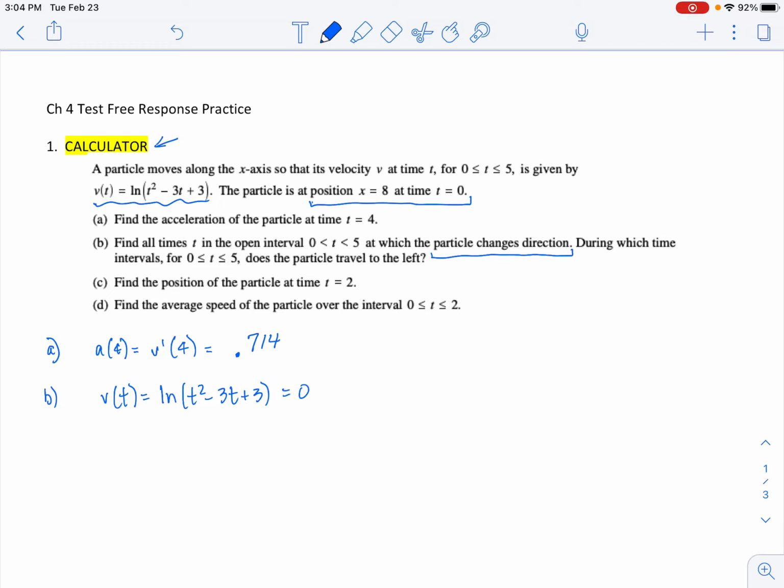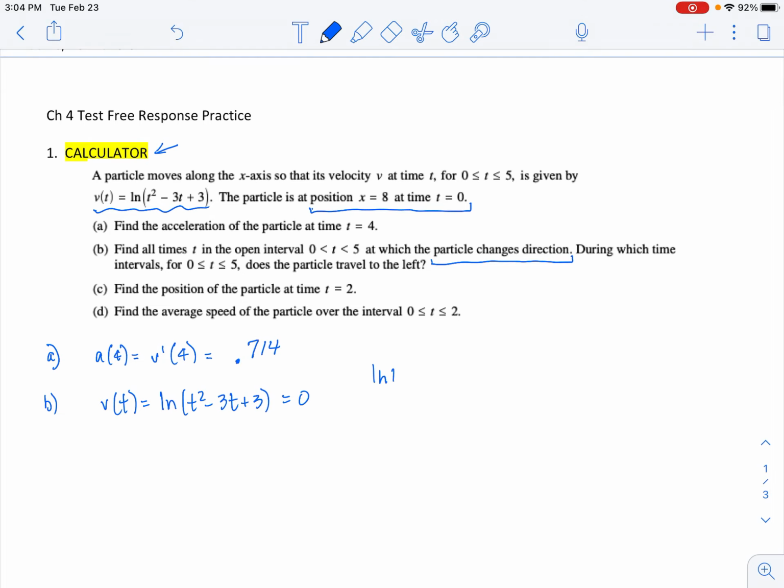So we're going to take this velocity function and set it equal to 0. Now, the only time an ln function is equal to 0 is like ln of 1 equals 0. So technically, we need t squared minus 3t plus 3 to be equal to 1, and that would be the solution for some critical numbers. So I'm going to subtract 1 from both sides, and then factor this.